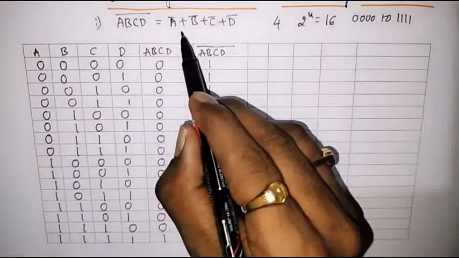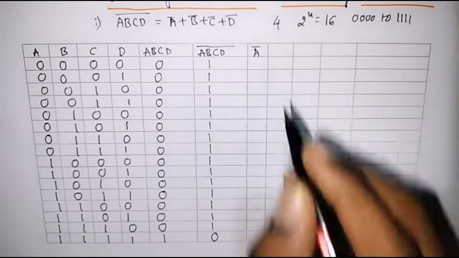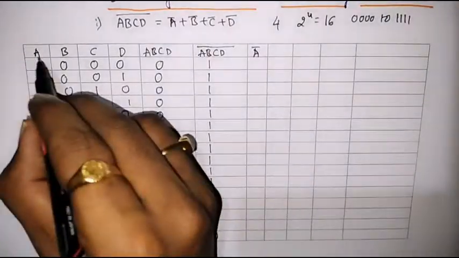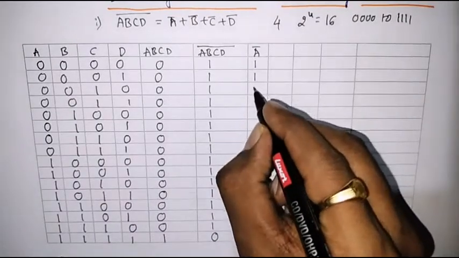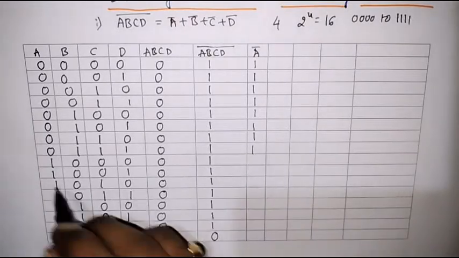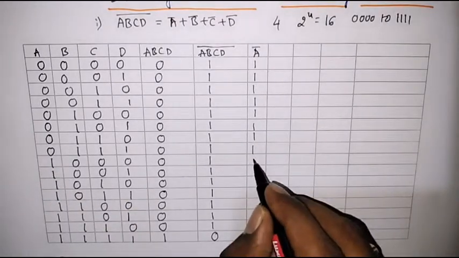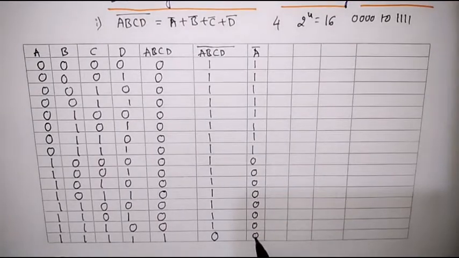Now concentrate on the right hand side, that is A bar. A bar is nothing but the complement of A. Here A is 0, so it is 1 for the first eight rows, and the remaining are zeros.